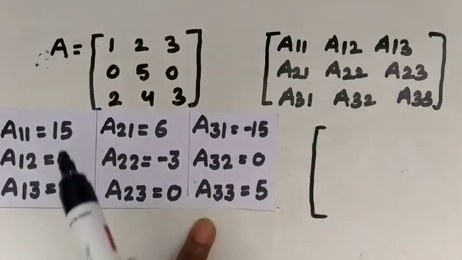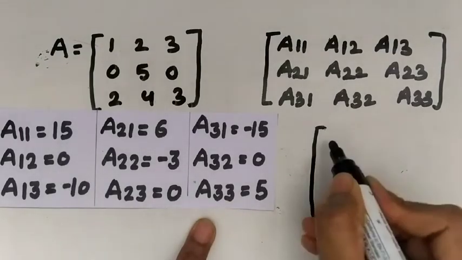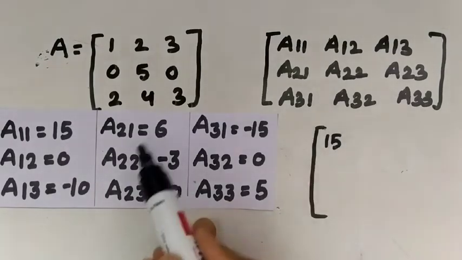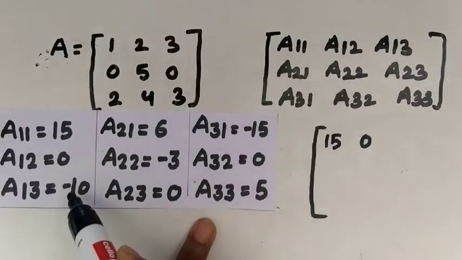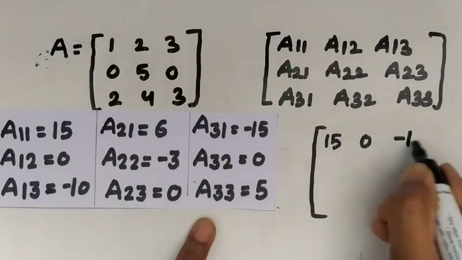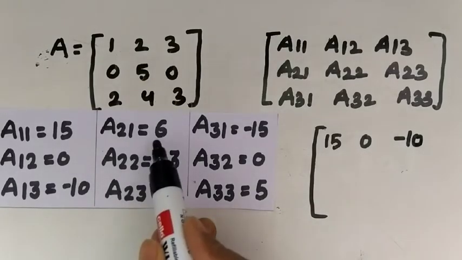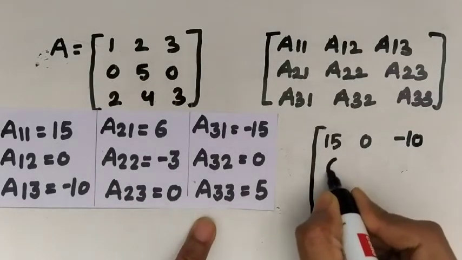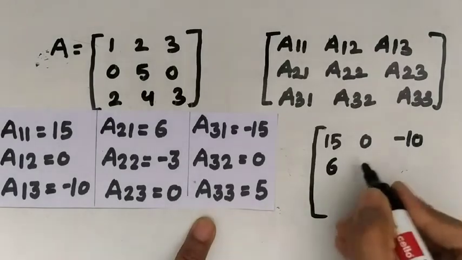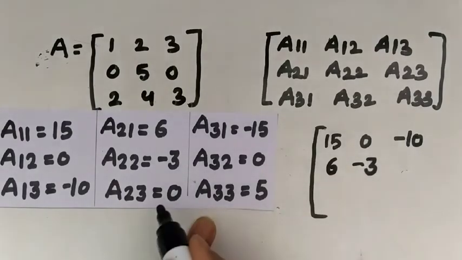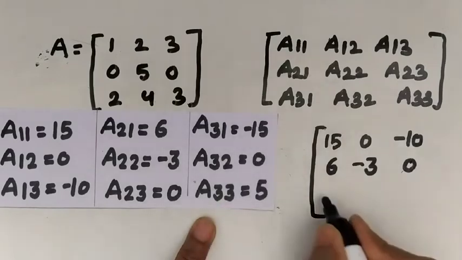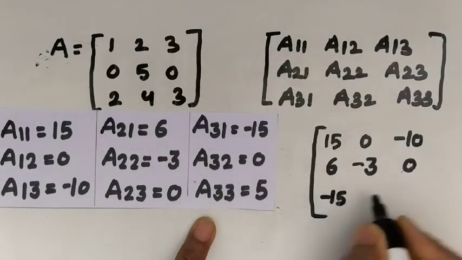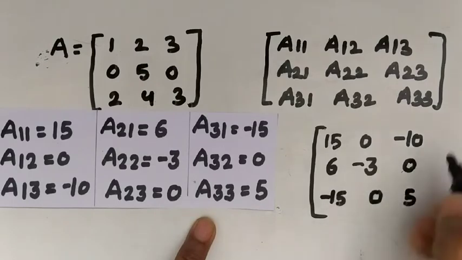So here value of A11 is 15, value of A12 is 0, A13 minus 10, then value of A21 is 6, A22 minus 3, A23 0, next value of A31 minus 15, value of A32 0, A33 5.